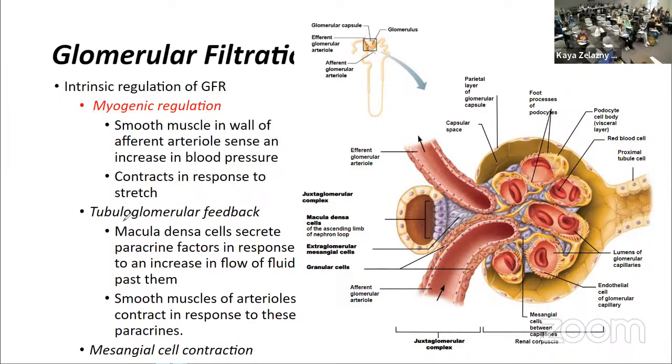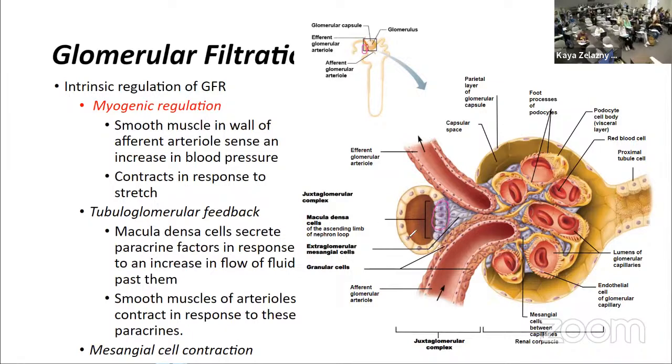Right? In tubuloglomerular feedback, our macula densa cells are going to be secreting out paracrine factors. So that's like a local signal, essentially. So these cells, the macula densa cells, that are basically part of the end of the nephron, right? They sense fluid and the concentrations of things in that fluid coming back up and about to become urine.